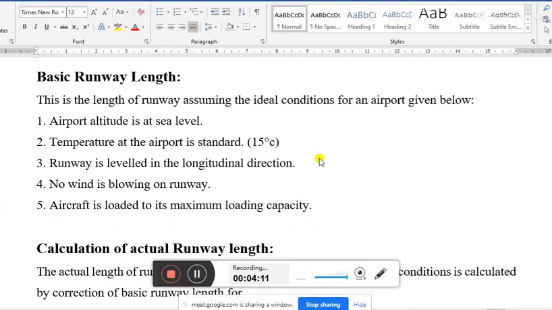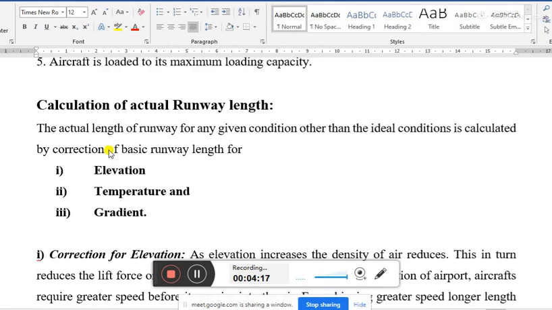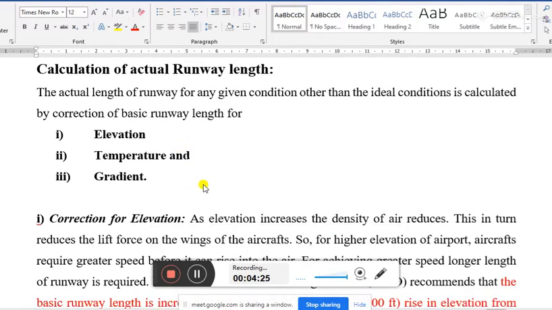That is the definition of basic runway length. But that idealization is not practical. That's why we have to make the correction for the calculation of actual runway length.